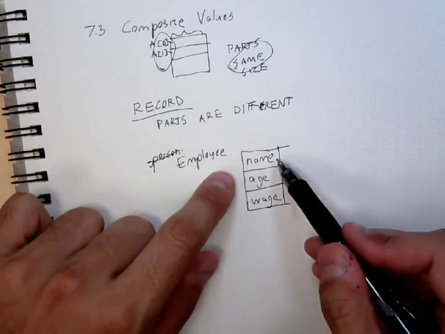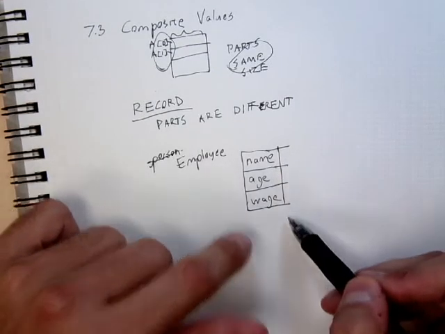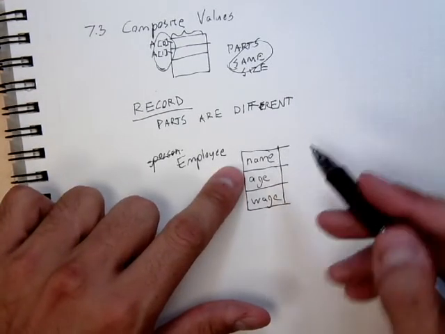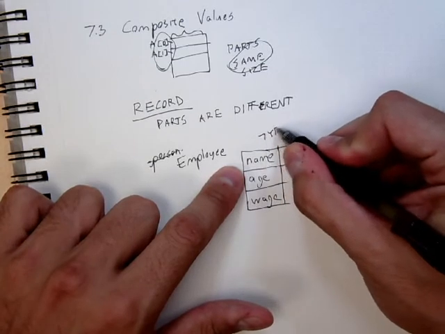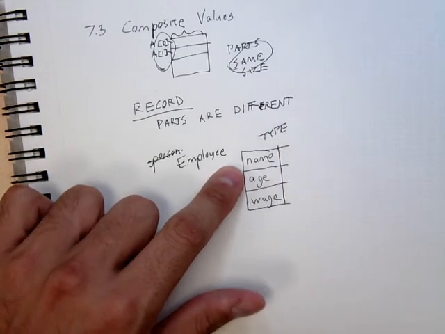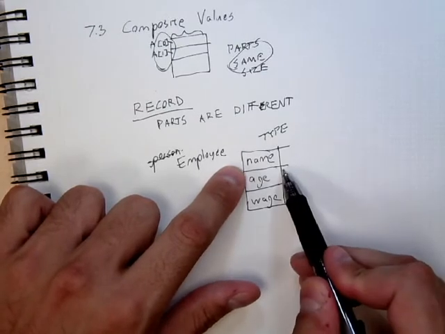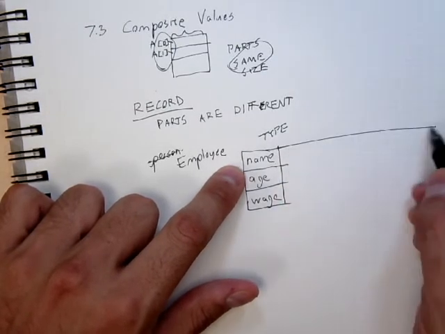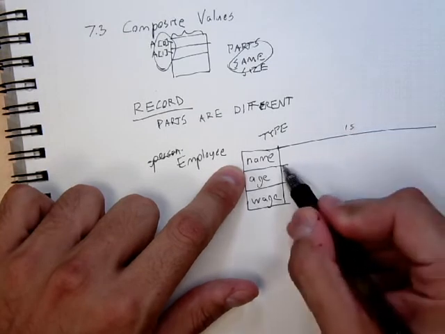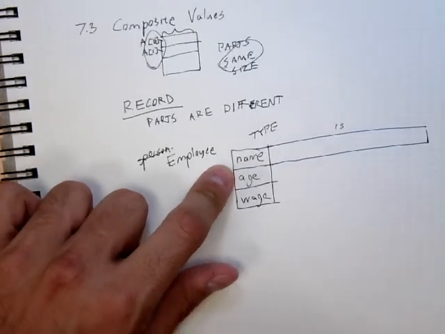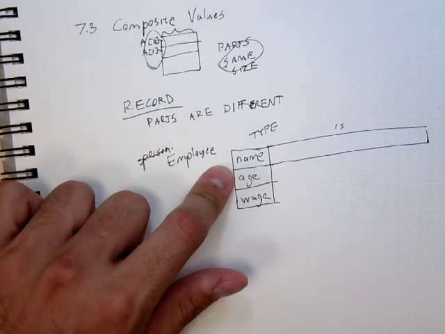And each one of these fields for an employee can be of a different type, which means you might want to represent it differently. For instance, an employee's name might require some number, maybe 15 different characters to represent it. Can you think of a name with 15 characters?